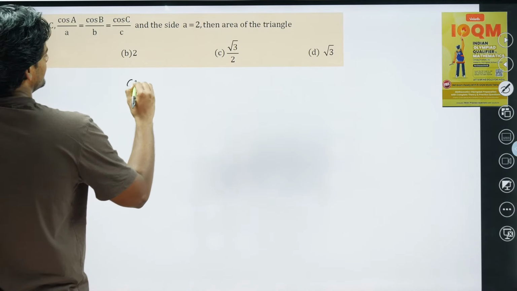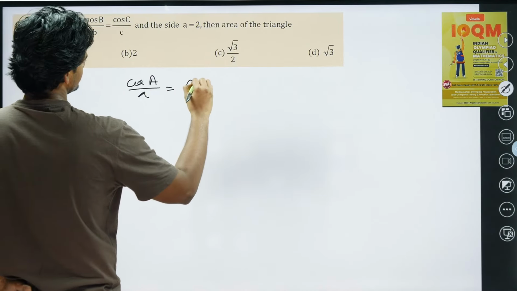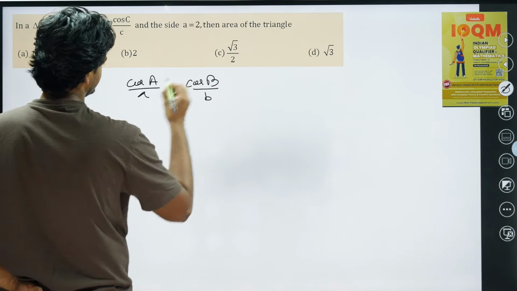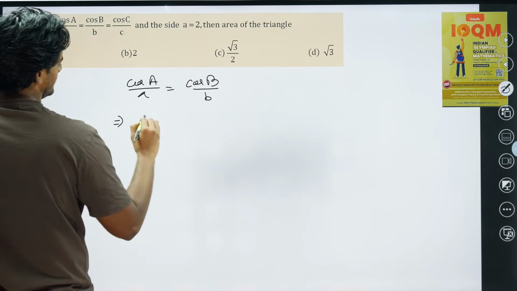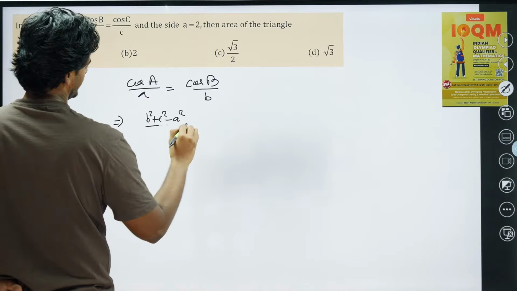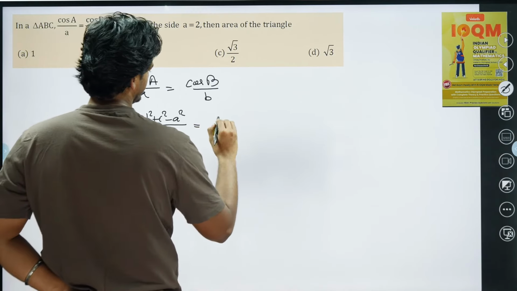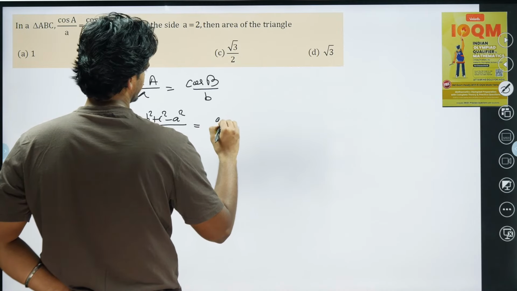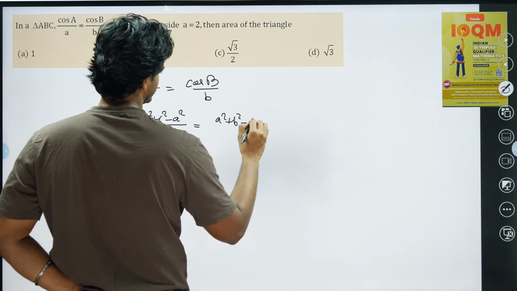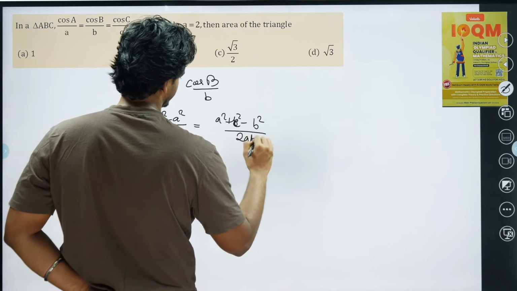So again, let's say cos A by A is equal to cos B by B. We take only this. So this will be (B square plus C square minus A square) by 2ABC is equal to (A square plus C square minus B square) by 2ABC.